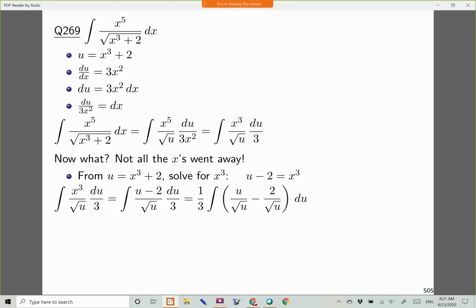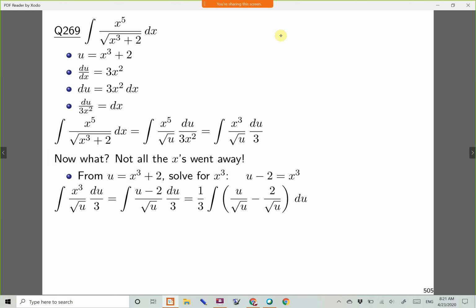I also broke up this fraction. When you have pluses or minuses in the numerator, not in the denominator, you can split it up, right? And you can have u over root u, and then 2 over root u, and I still have this minus sign there. This is not the only way to do it, but it's one approach that gets us to a place where we can deal with this.